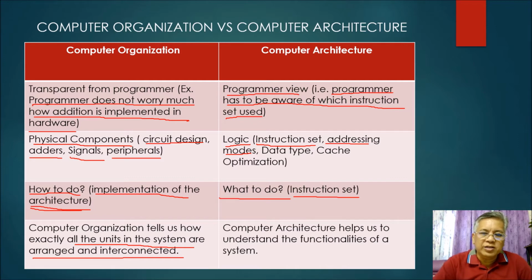These are again the CPU, memories, etc. Whereas your computer architecture helps us to understand the functionalities of a system. For example, your CPU again, through the instruction set provided, then we will know better the functions of each part of the computer system.